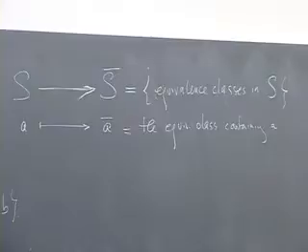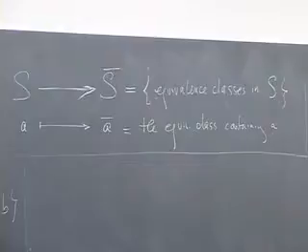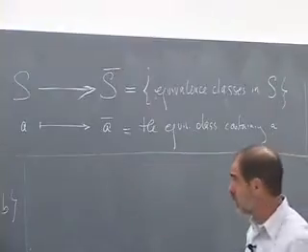Okay? Now, just as an equivalence relation gives you a map of sets, a map of sets always determines an equivalence relation.